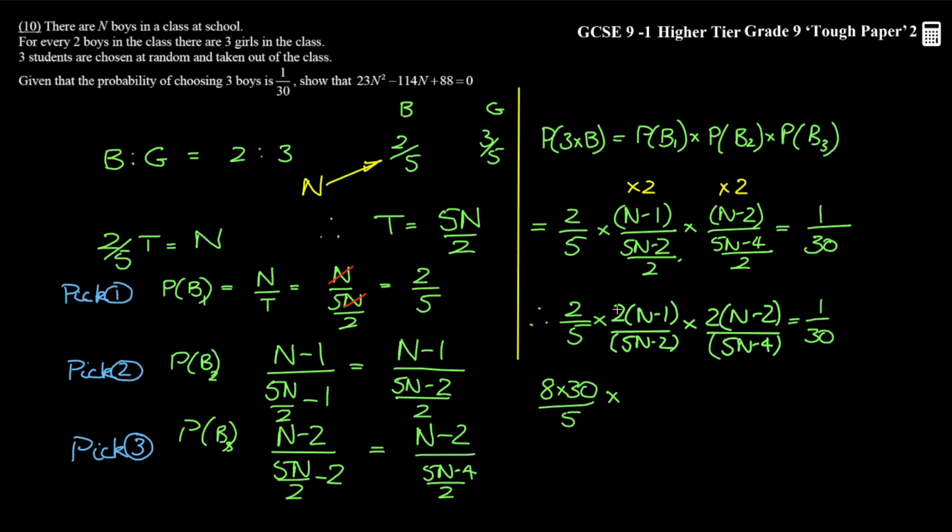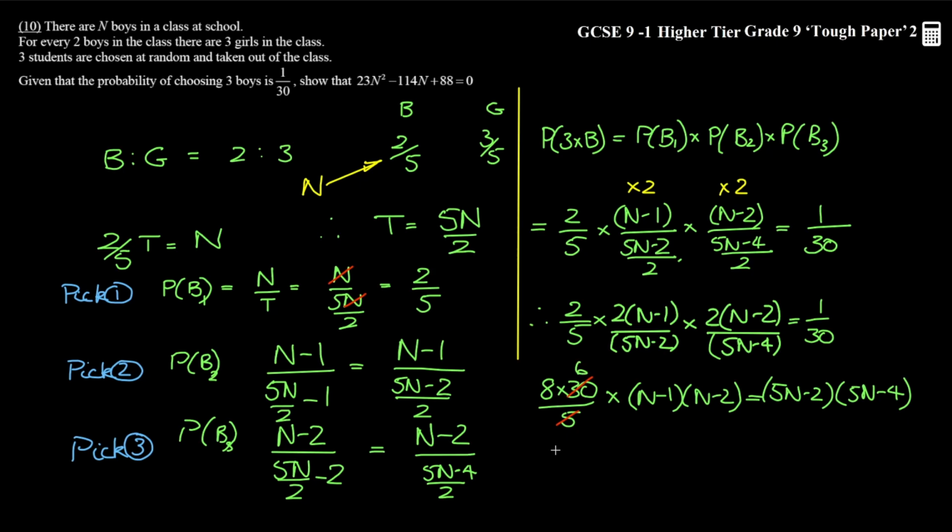Remember, we've incorporated the 2's into our 8 here. So this becomes n minus 1 multiplied by n minus 2, and that is equal to these 2 brackets multiplied together, which is 5n minus 2 multiplied by 5n minus 4. 5 goes into 30 6 times.